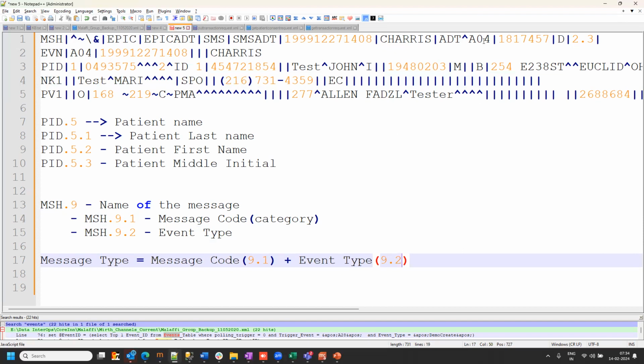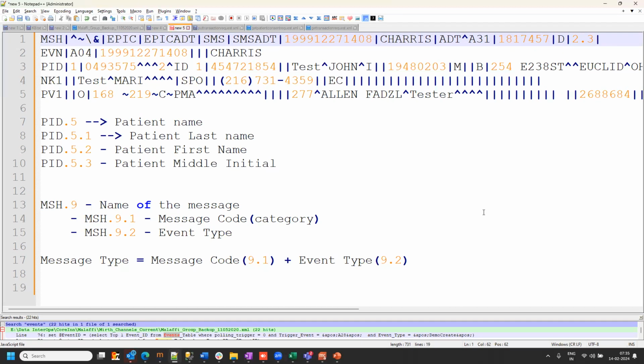For example, if we have A31 here, by looking at the message, I will understand that this is a message that got generated when patient information got updated in the PM system. Okay, so that's how you go ahead and understand the structure of an HL7 message and what are the various event types that you have and how you can make use of those event types to understand what kind of message it is.